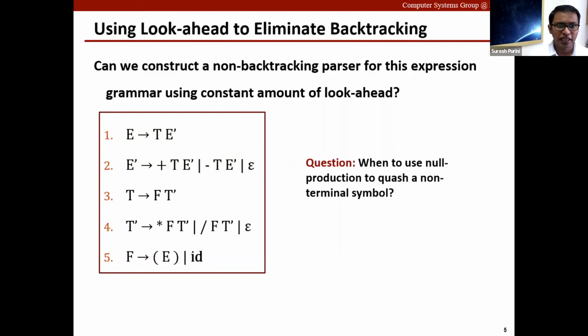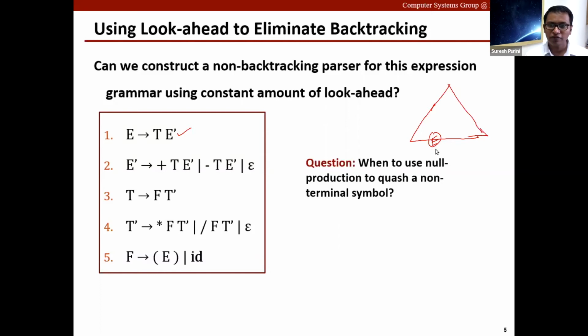If you see, if the current leftmost non-terminal symbol to expand is E, then there is only one substitution rule that you can apply. So you just try it. That is E goes to T E prime.